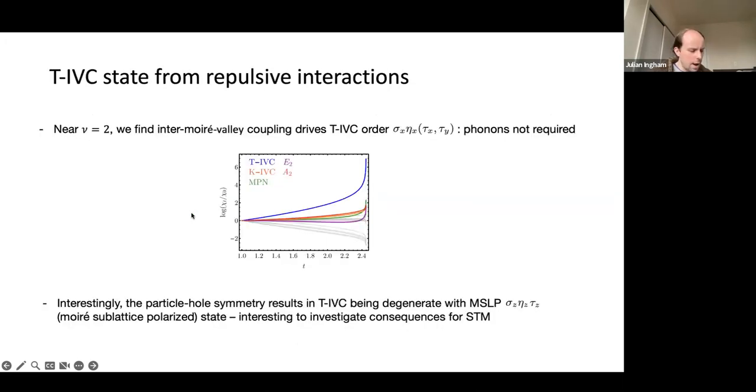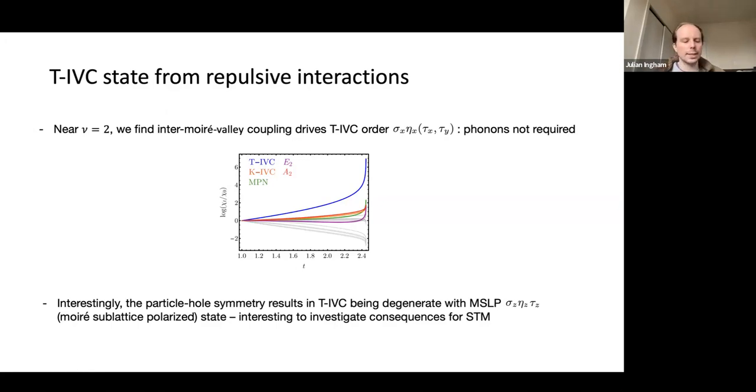So as you might have guessed from the lead up to this slide, it was possible in the quadratic Dirac theory to get a situation where TIVC is the leading order parameter, this blue line, with E2 and A2 being the superconducting states that are subleading and then overtake TIVC with doping. Admittedly, there is some fine-tuning in this situation.